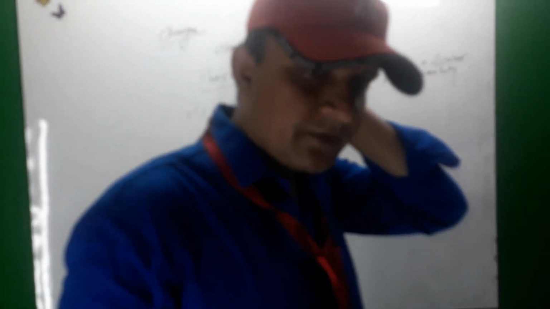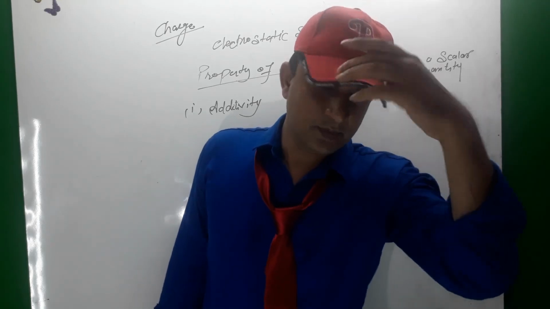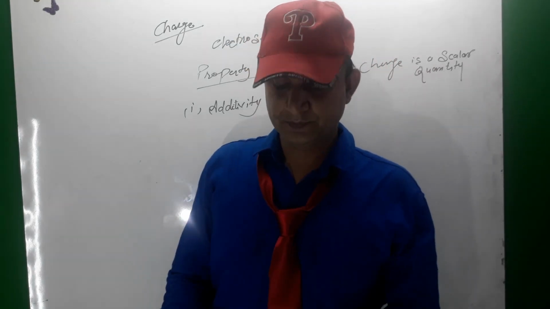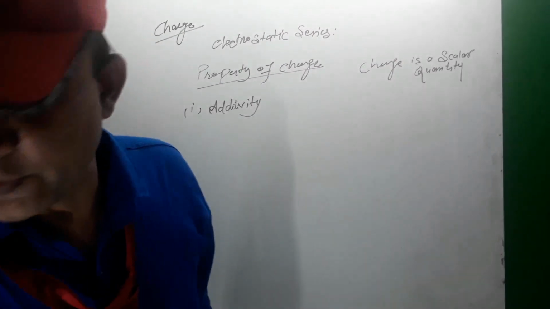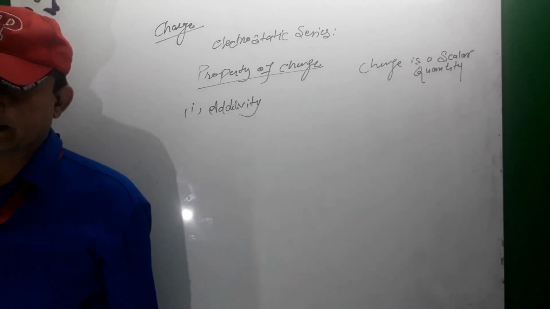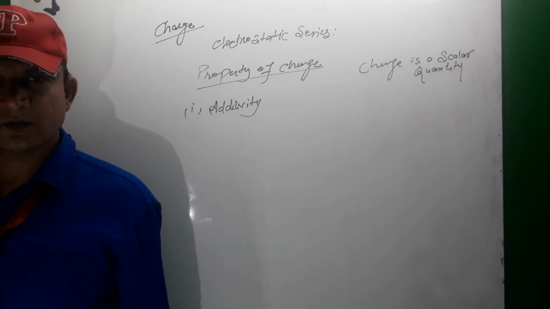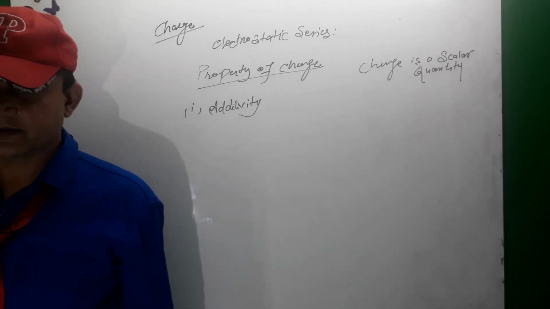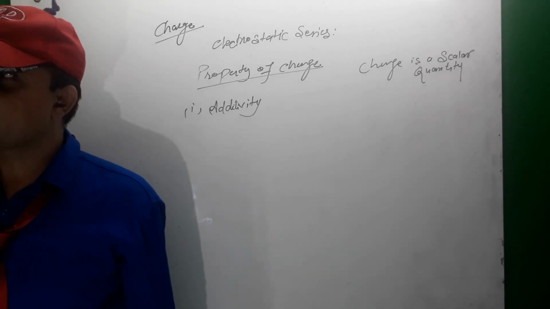Yes, we are discussing the properties of charge. As I told you, charge is a scalar quantity. What is the meaning of a scalar quantity? It has only magnitude, not direction.